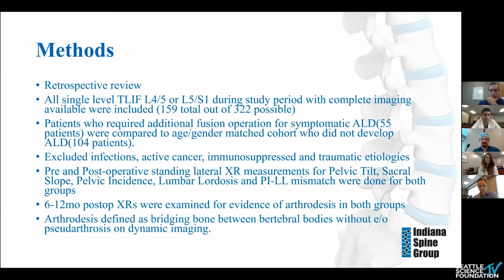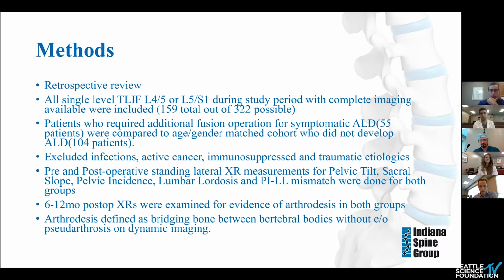They looked at patients who required additional fusion operations for symptomatic ALD, which ended up being 55 patients, and compared them to an age and gender matched cohort who did not develop this. They excluded infections, active cancers, immunosuppressed patients, and any traumatic etiologies.